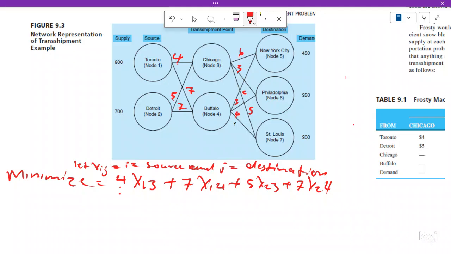Come underneath here. x35 plus the number first, which is 6, then 3x36 plus the number 2 x37. You can see the pattern already.